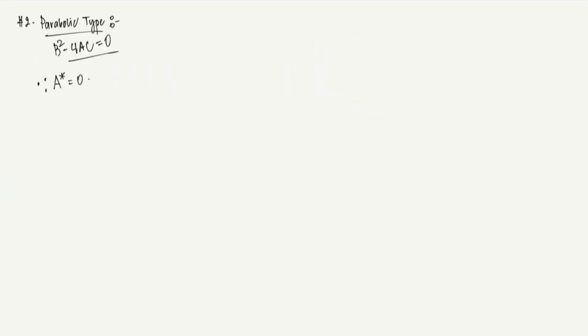If b square minus 4ac is 0, then those two equations coincide, and that implies that there exists one real family of characteristics. And what we obtain is xi equals to constant.